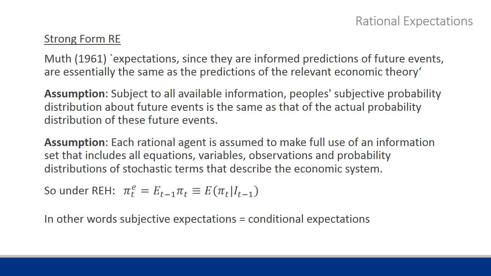But remember, these are the agents inside the model, not actual people assumed to behave like that. But it's still a strong assumption. So under the rational expectations hypothesis, the subjective expectation is exactly the same as the rational expectation, or conditional expectation on some information set.